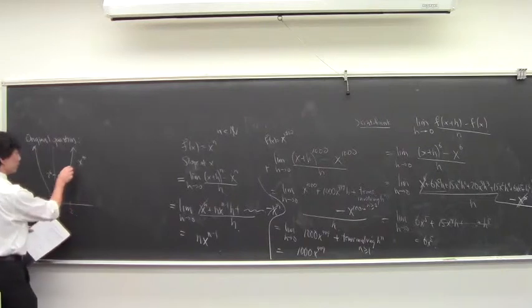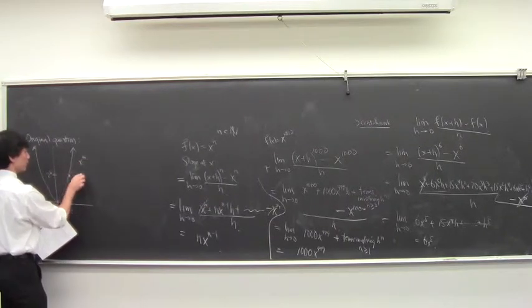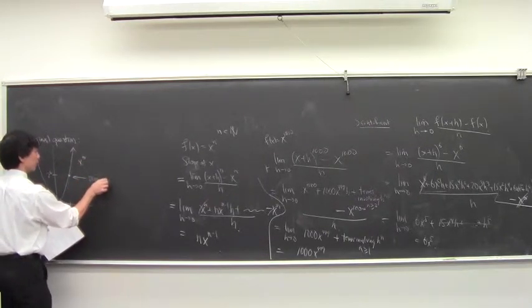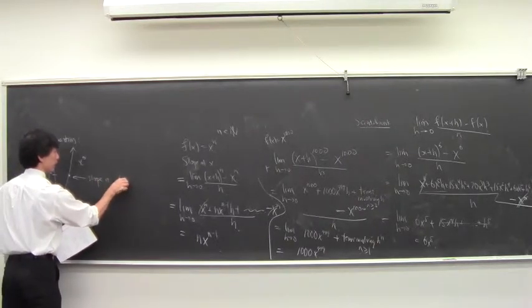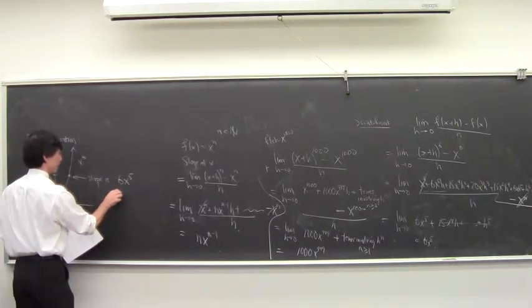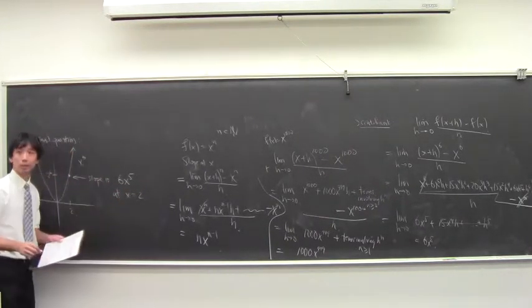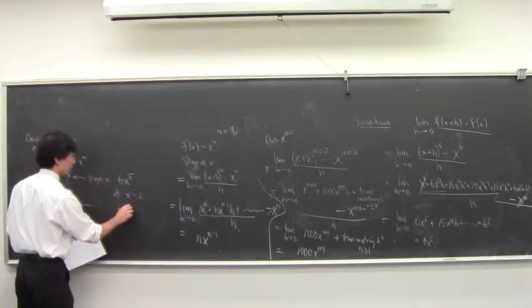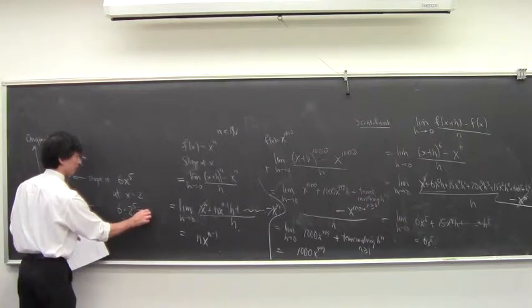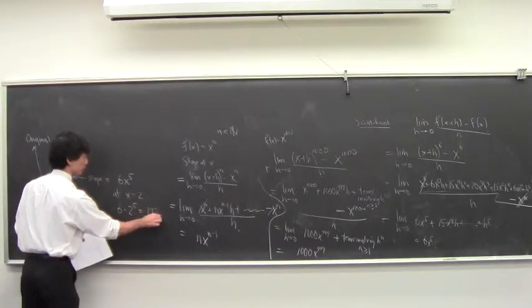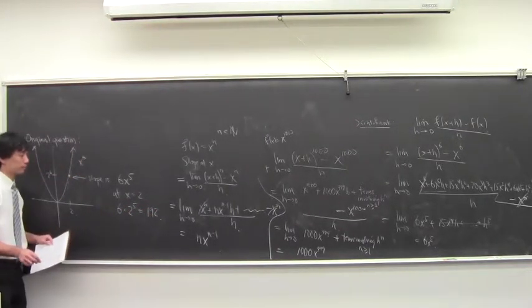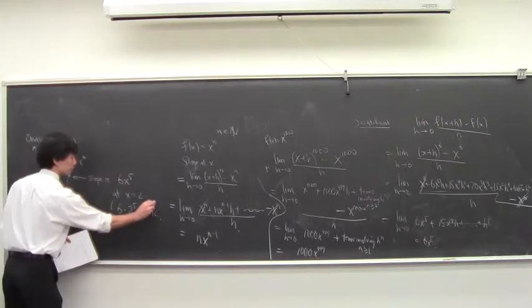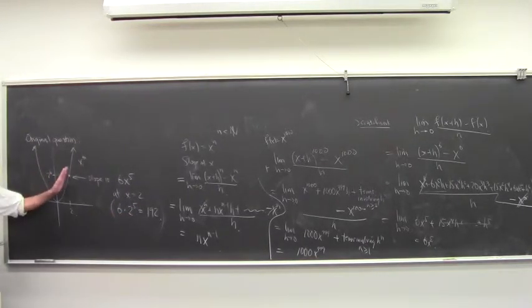So the slope here is 6x to the 5th at x equals 2. Right, so it's 6 times 2 to the 5th. That's 192. So you know the slope there.